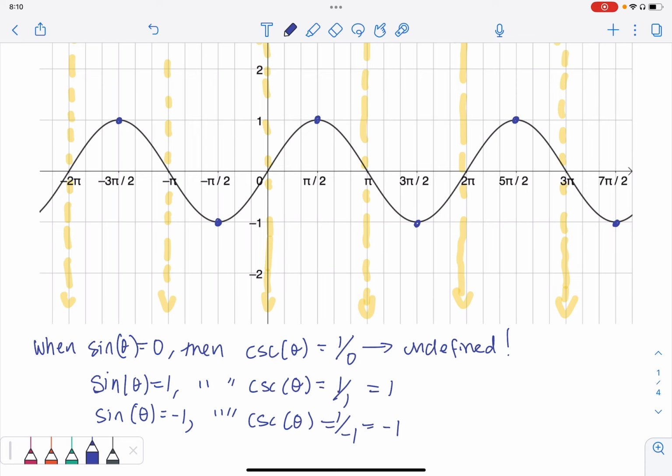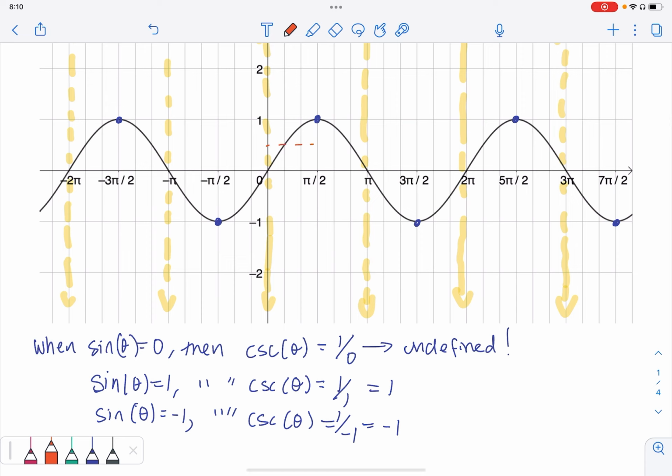Well, how about where sine of theta has an output of 1/2. I can see where sine of theta has an output of 1/2 by where the graph of sine intersects the line y equals 1/2. And where that happens, I can even just draw those points in to draw attention to them.